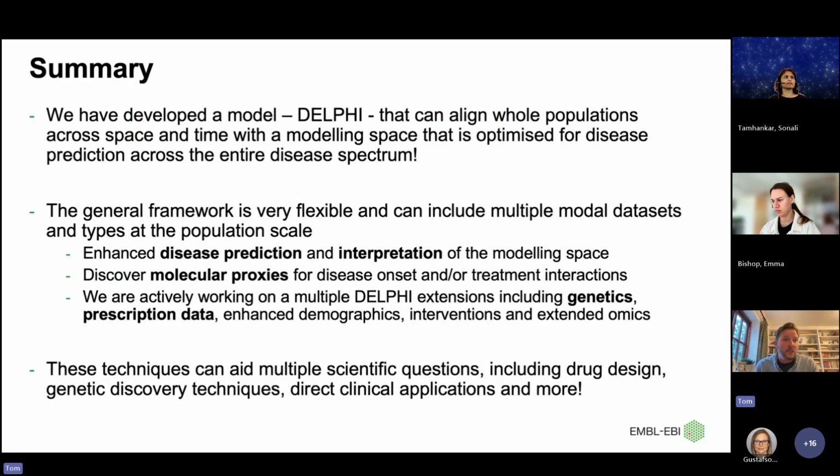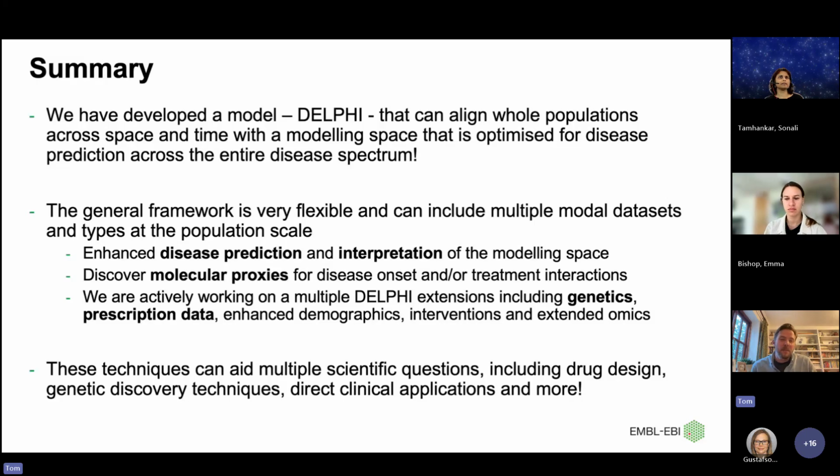So in summary, we developed a model. It's remarkably performant. We're super happy with it, and it allows you to essentially align whole populations across space and time within a single modeling framework that is optimized for disease prediction across a large spectrum of disease.